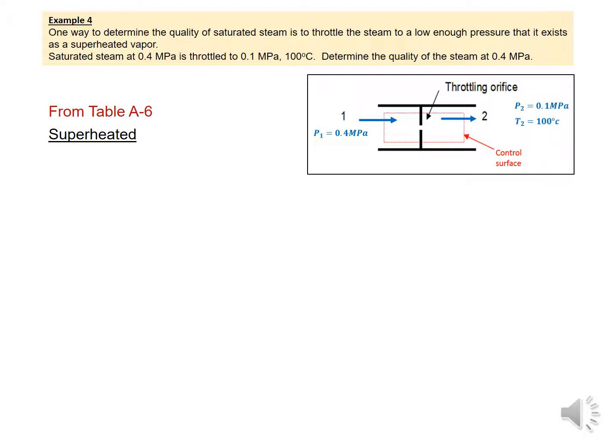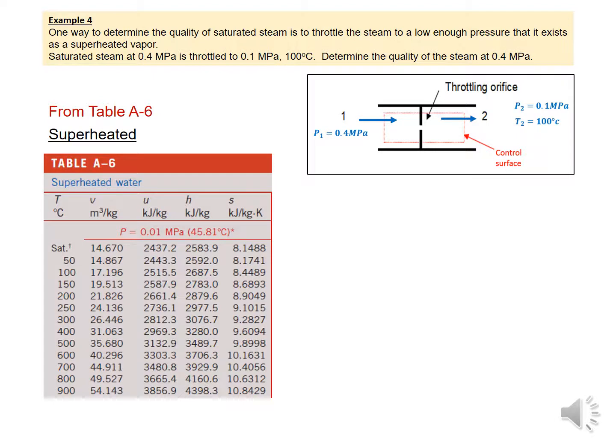From table A6, which is the superheated table, we refer to the temperature. Given that P2 equals 0.1 megapascal, T2 equals 100 degrees Celsius. At 100 degrees Celsius in the superheated table A6, we find the enthalpy H2 equals 2675.8 kilojoule per kilogram.